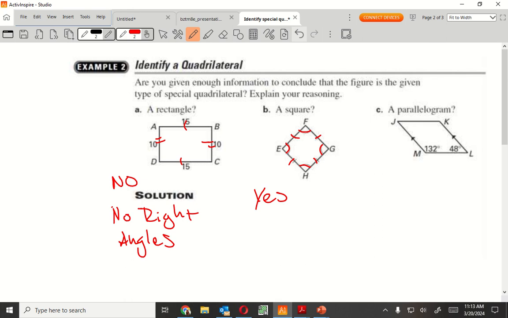I was gonna ask, won't the arcs have to have lines on them to show that they're congruent? It would. So up here, does it say anything about JK? No. On B, the arcs, they have to have lines on them to show that. No, they're single arcs. I know what you're saying now.